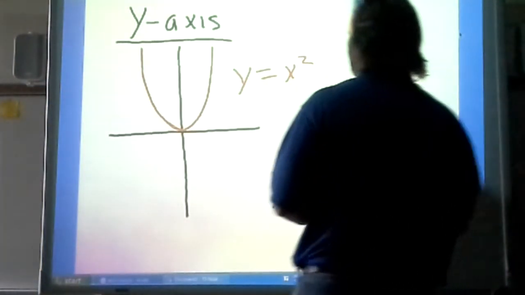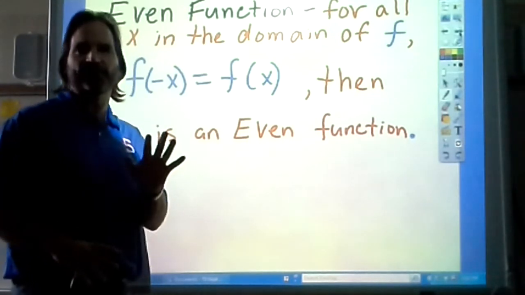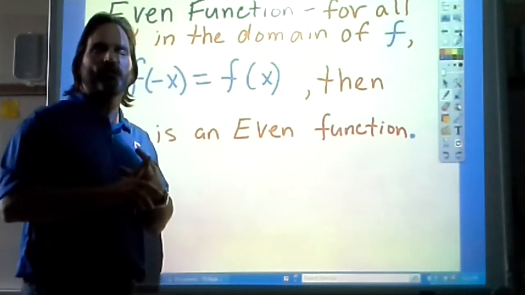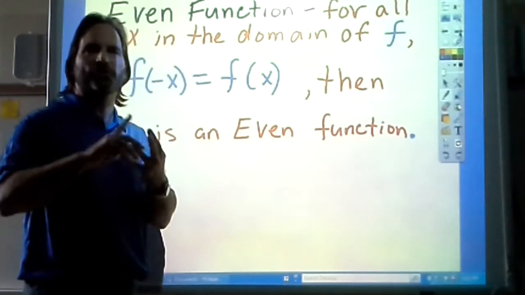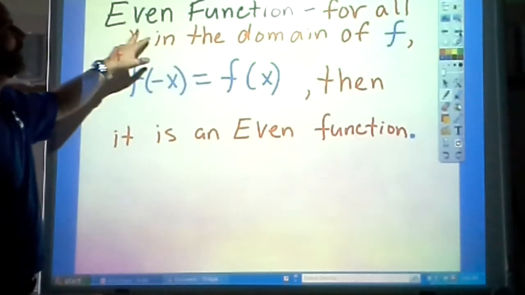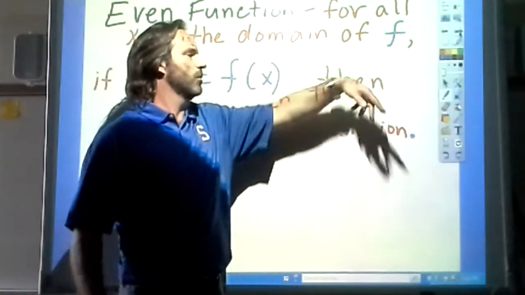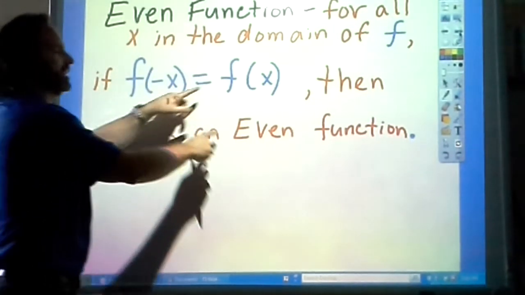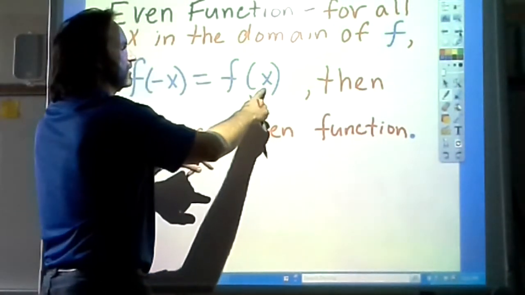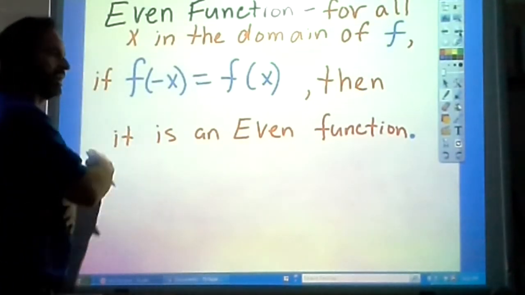Here's a little more detail. Tomorrow's assignment, you need to look at a graph and tell if it's even, odd, or neither, and look at an equation to tell if it's an even function, odd function, or neither. For an even function, for all x in the domain of f, if f of negative x equals f of x, so if you plug in 2 or negative 2, you're going to get the same answer.